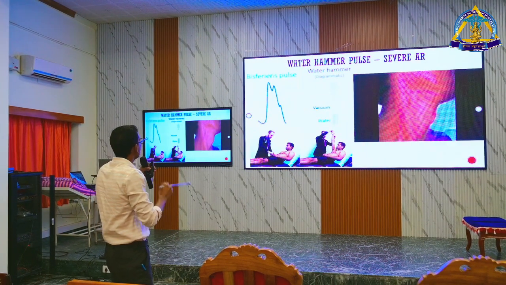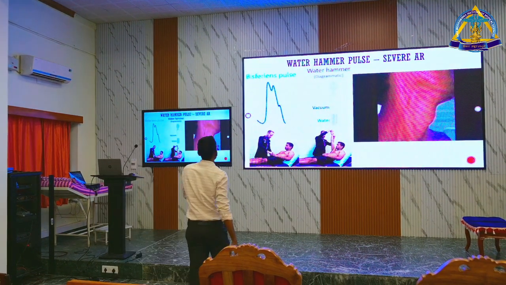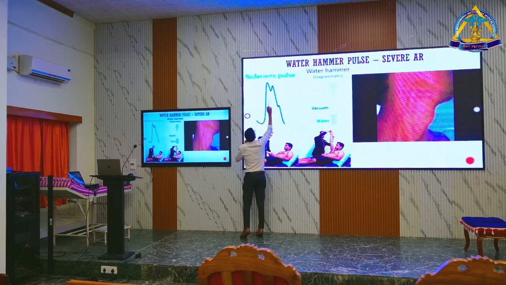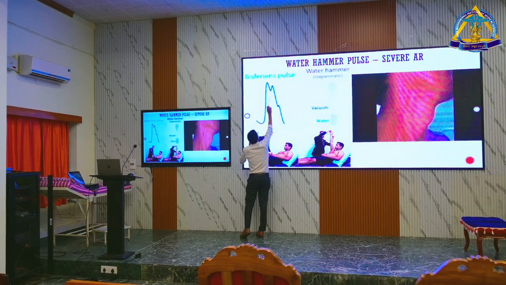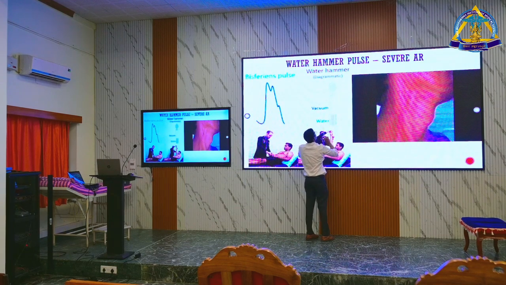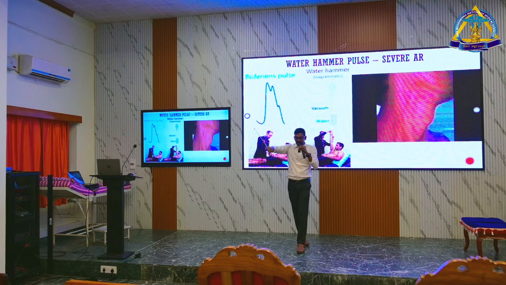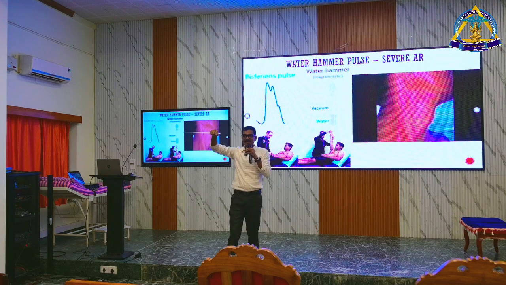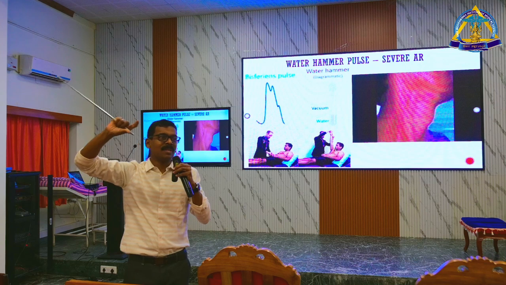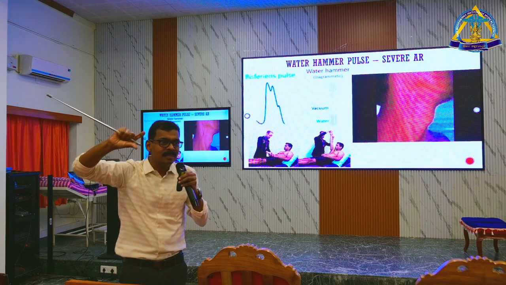Let us see what is the water hammer pulse in severe aortic regurgitation. This is the waveform. You see a rapid upstroke, a peak, two peaks, the percussion wave, then the rapid downstroke, which resembles the feeling produced by a Victorian era toy, from Victorian England, a water hammer, which contains fluid and a vacuum.